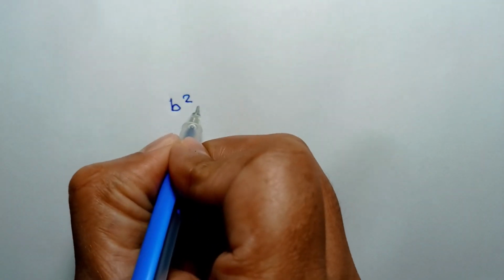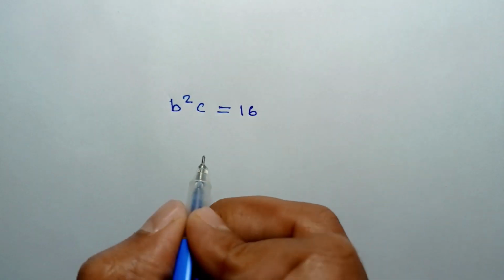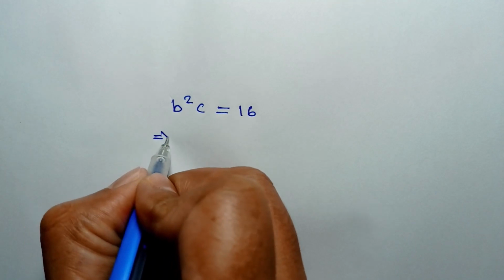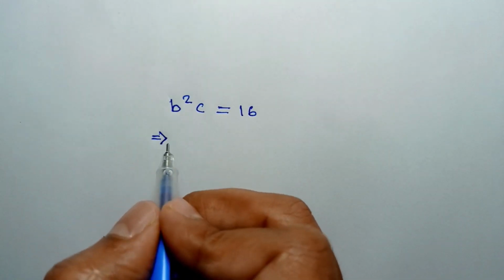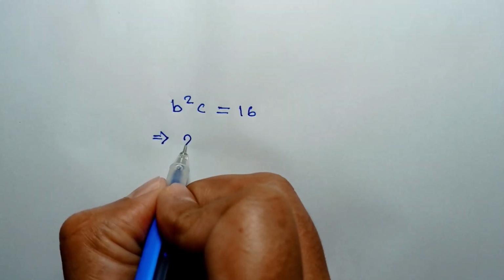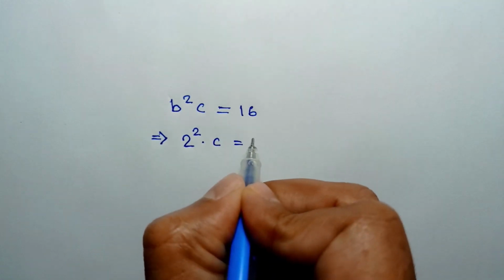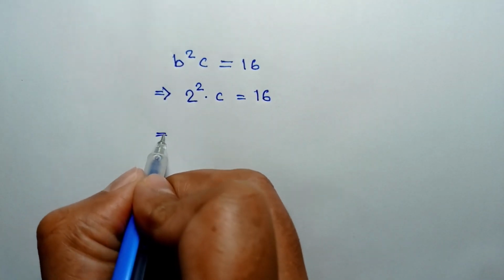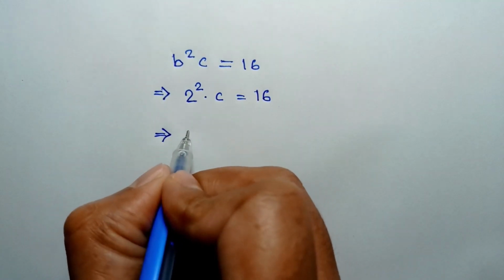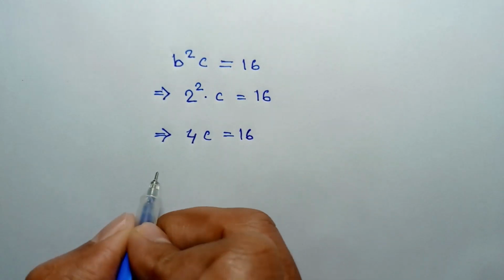Now from equation 2, b square c is equal to 16, and the value of b is 2. Substituting this value, we can write 2 square times c is equal to 16. 2 square is 4, so 4 times c is equal to 16.